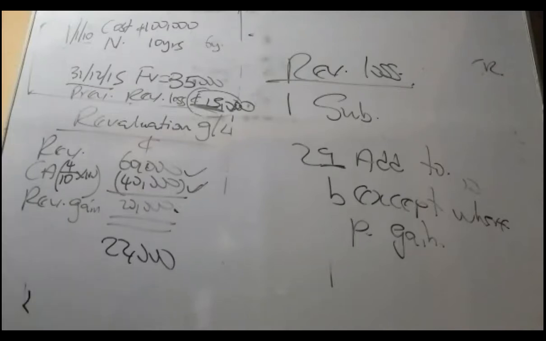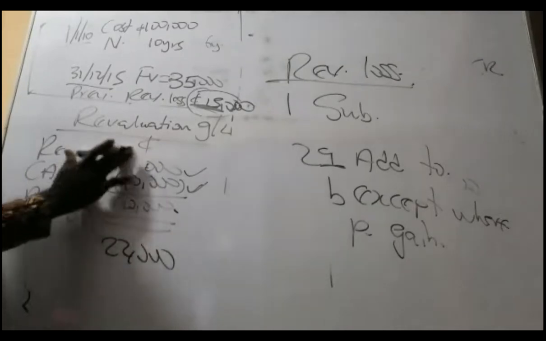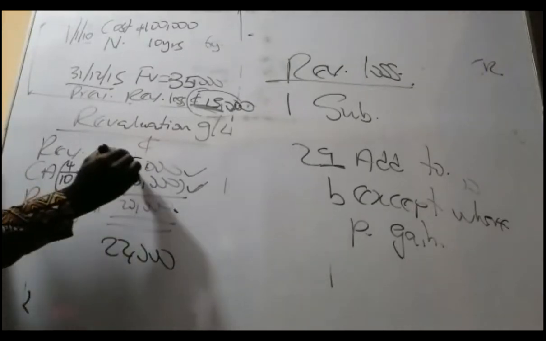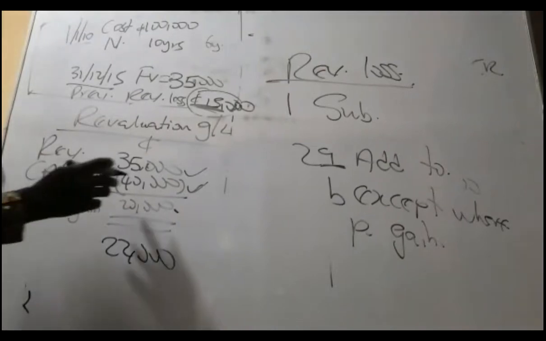So first, the revalued amount will change to 35,000. The carrying amount is still the same, 40,000.